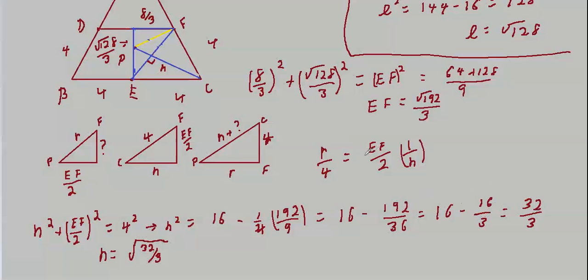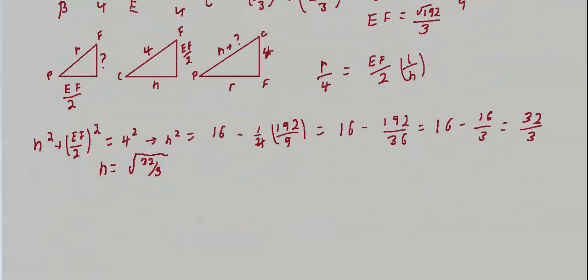Well, now we've got something. I have to give myself a little more room and write that r equals 4 times EF over 2. Well, that's the square root of 192 over 3, and we'll multiply that by 1/2.